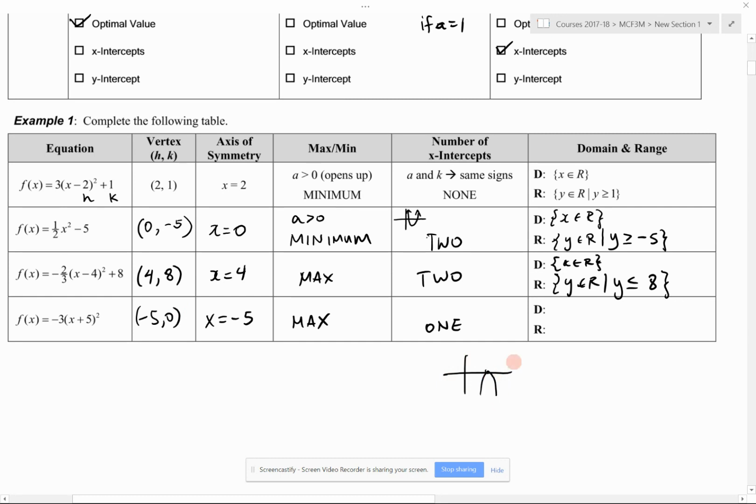Okay, and our domain and range will be x is an element of R and y is an element of R, such that y is going to be less than or equal to 0.